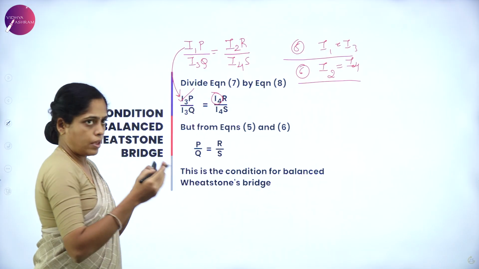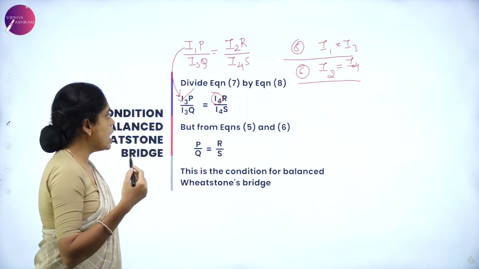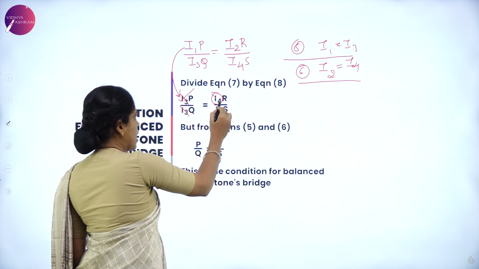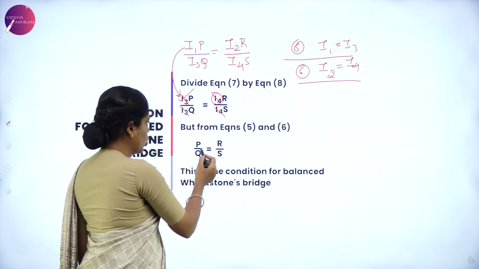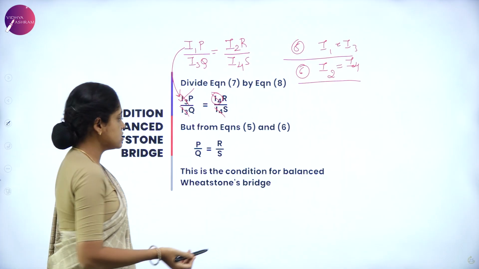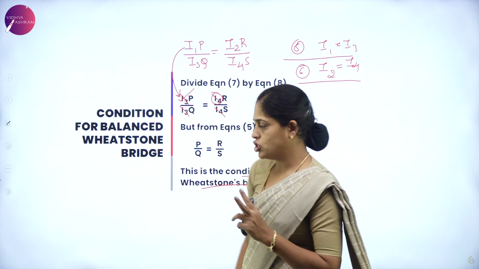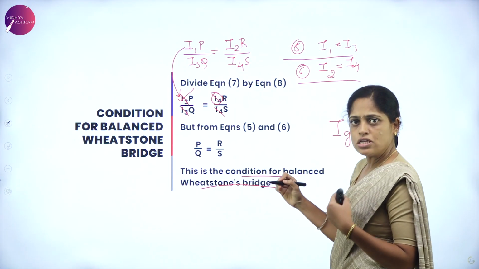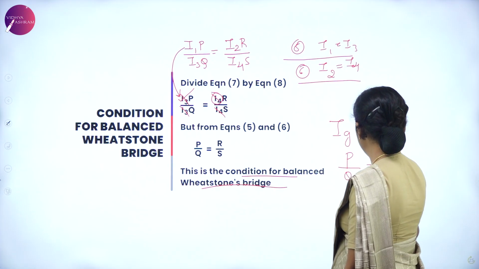So, I3P by I3Q is equal to I4R by I4S, where I3 cancels, I4 cancels, and we have P by Q is equal to R by S. This is the balance condition for the Wheatstone bridge. So, we have two conditions, that is Ig is equal to 0. When Ig is equal to 0, P by Q is equal to R by S.